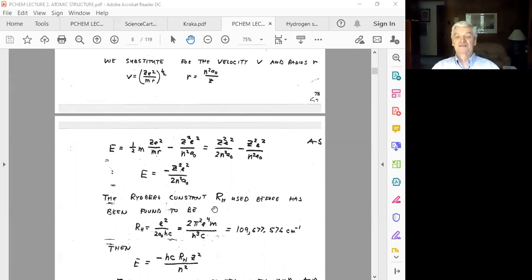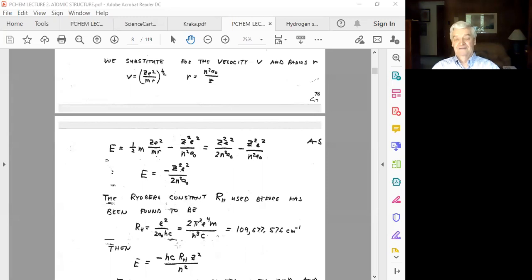So just to relate it to that, the Rydberg constant, R sub H, that I gave you, was found to be this, e squared over 2 times n squared, n being 1, and hc. hc is a conversion factor that gets us into centimeters to the -1.